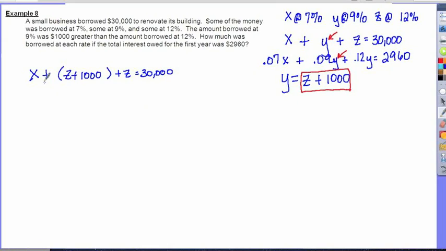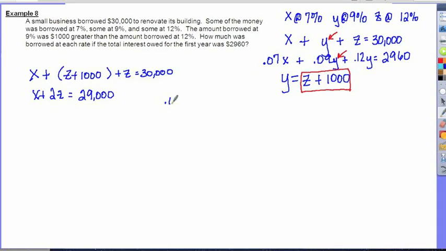Simplify that: x plus 2z, subtract 1,000 from 30,000, and that's 29,000. So that's the first equation simplified after you substitute in for y.